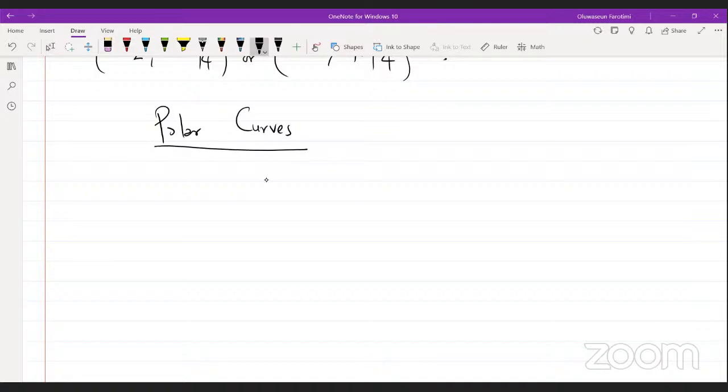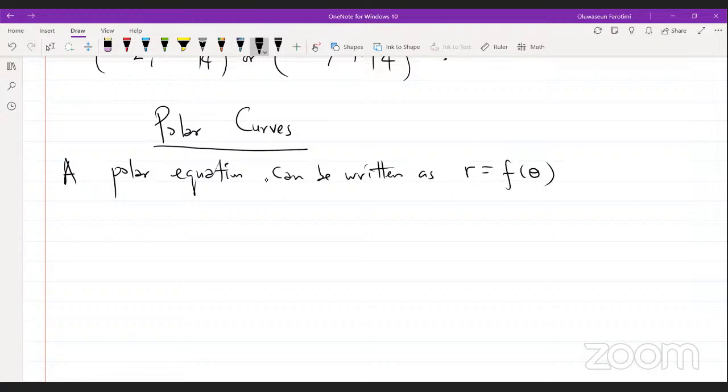So I'm telling you guys what a polar curve is. Let's start from the polar equation. The polar equation can actually be written in this form, or we can write it as this.